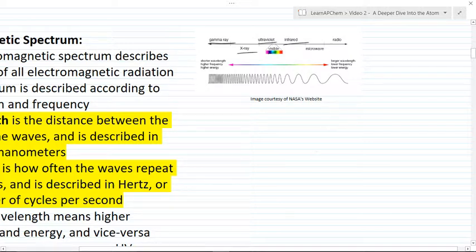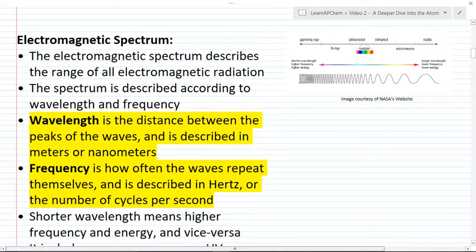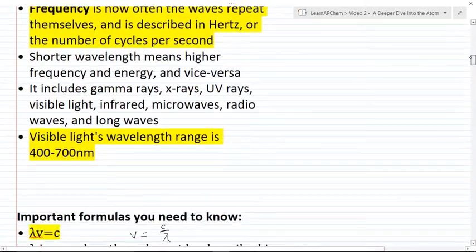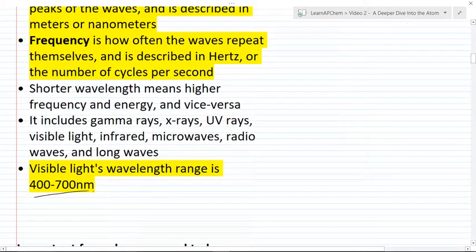Do I have to memorize the frequency for gamma rays or radio waves? The answer is no. You don't have to memorize that, with the exception of visible light, whose wavelength is 400 to 700 nanometers. Don't memorize the frequency because, again, lambda V equals C. If you really wanted the frequency, you could just plug that in and solve.